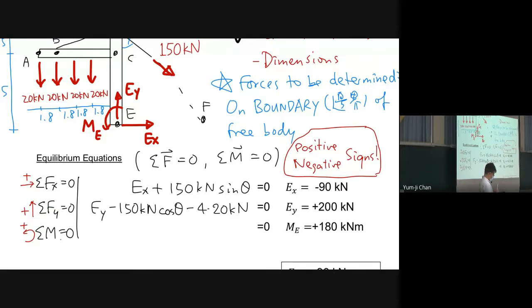For example, in this problem, we want to use point E as the reference point. So we write down E here.